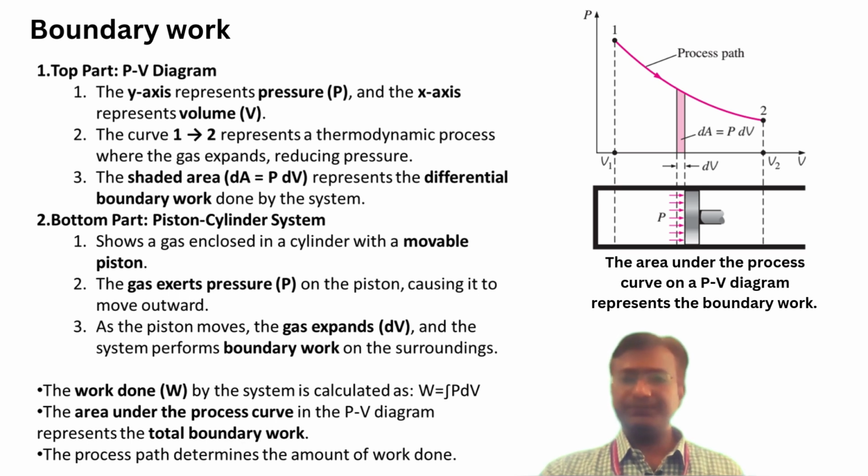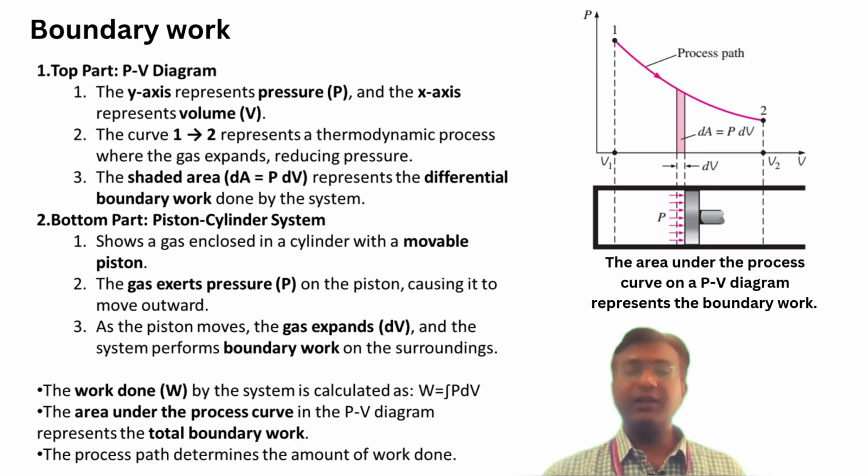Now this is a real world application of the piston cylinder arrangement, where the expansion of the gas results in a positive boundary work. So what is this positive boundary work? It means the system provides a certain work output.